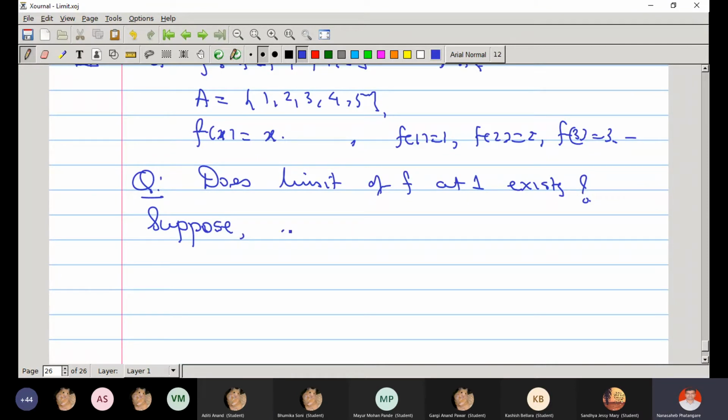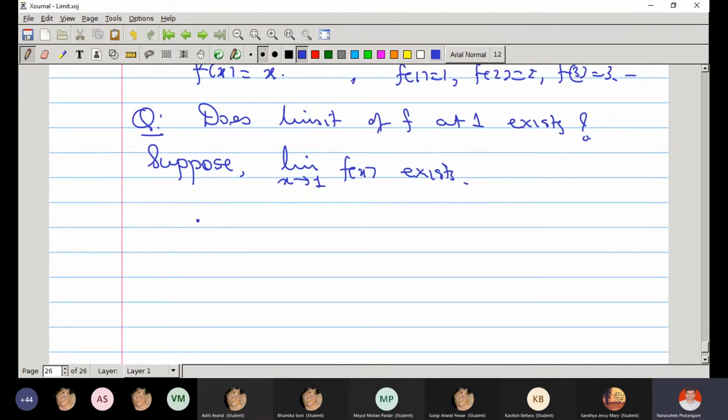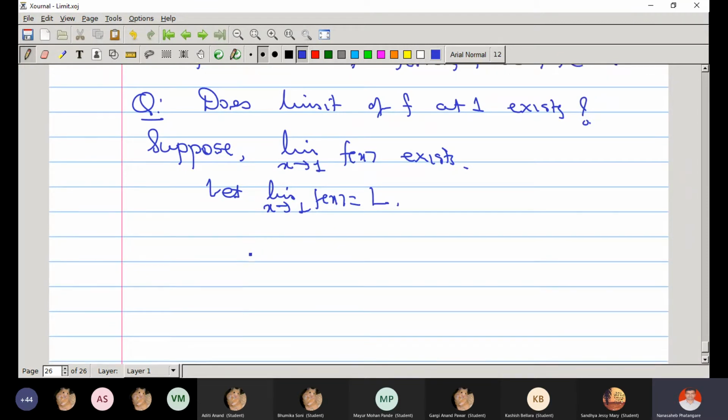Suppose the limit as x tends to 1 of f(x) exists. Because in the beginning I said that the cluster point is important, because if the limit exists, what happens? So let the limit as x tends to 1 of f(x) be equal to L. Suppose it is some number L for this function.